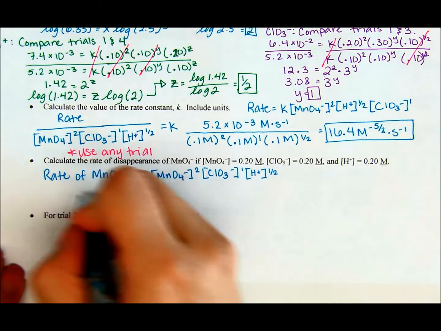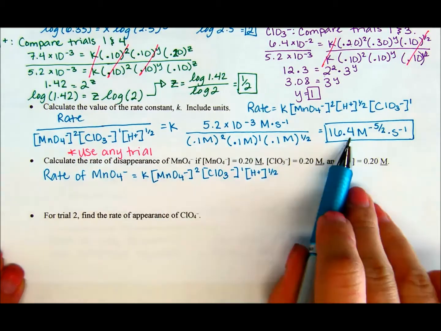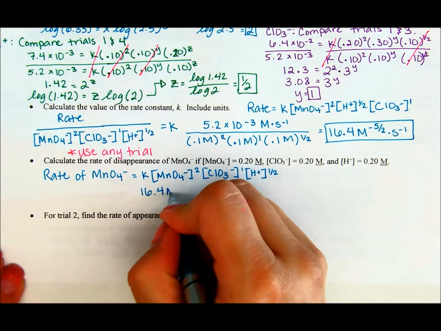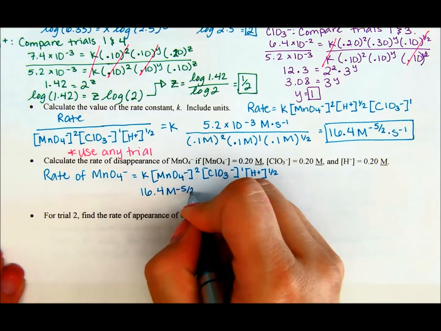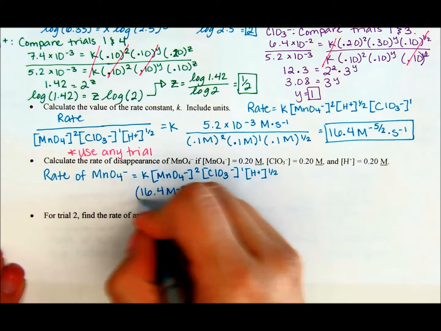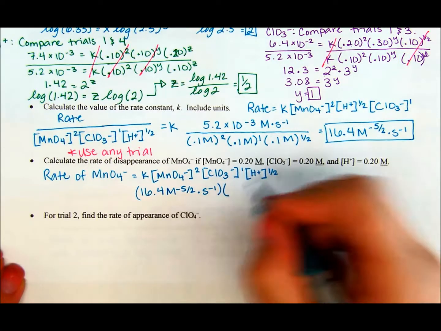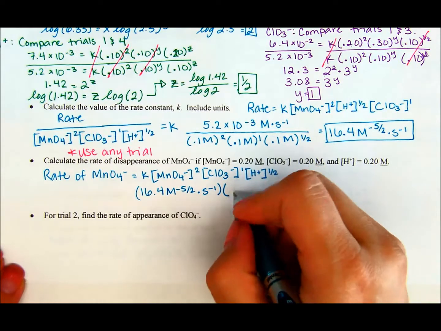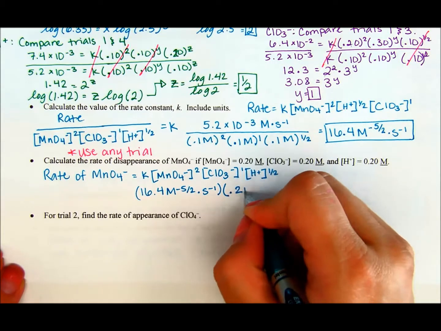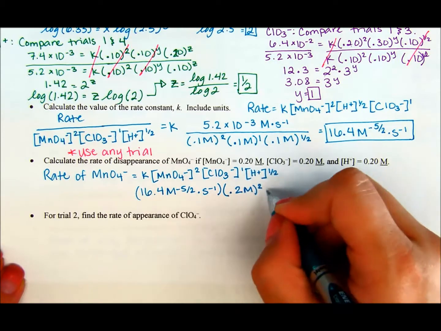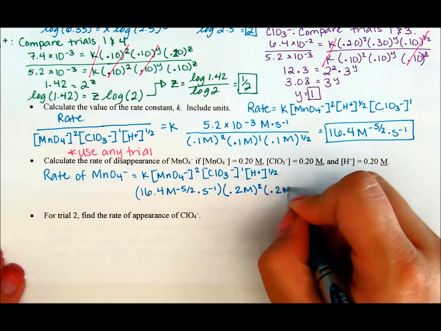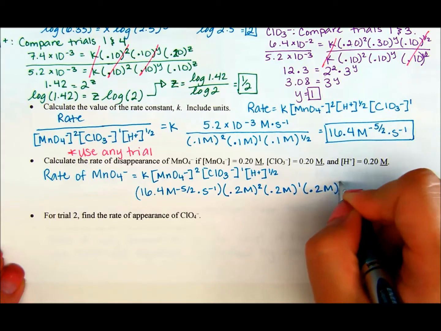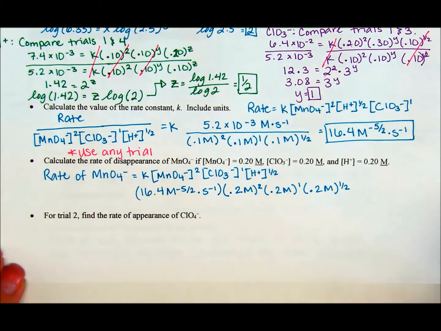So plugging everything in here, we know what our K is because we just calculated it up here. So our K is 16.4 molar to the negative 5/2 times inverse seconds. Multiply that, and we have 0.2 molar for all our concentrations, so those are all going to be the same. So 0.2 molar squared times 0.2 molar, the first power, times 0.2 molar to the 1/2 power.